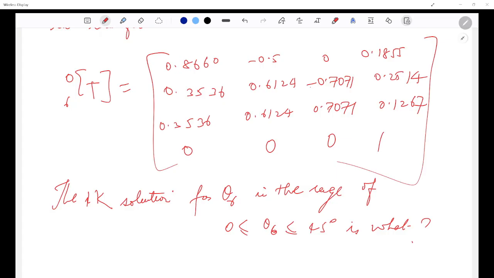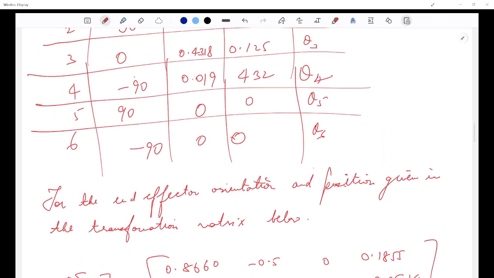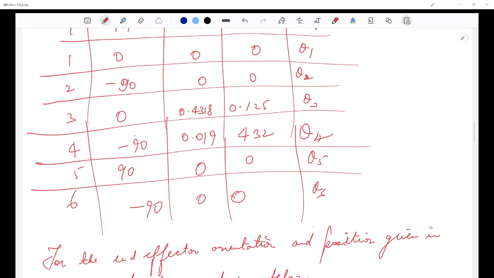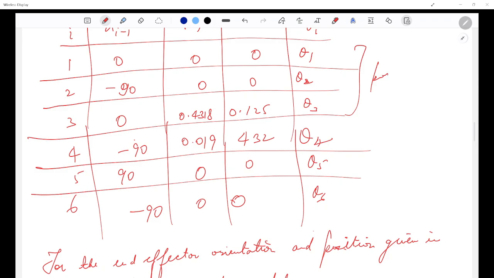So we have the DH table here, and we know that theta 1, theta 2, theta 3 basically define the position of the end effector, how it is placed in the space, and these three basically define the orientation. We are only asked about theta 6.